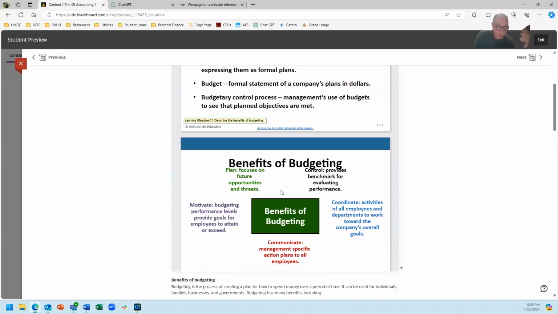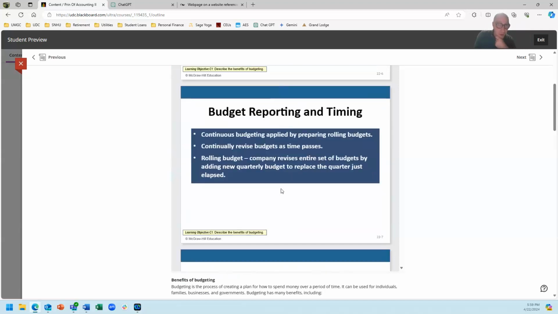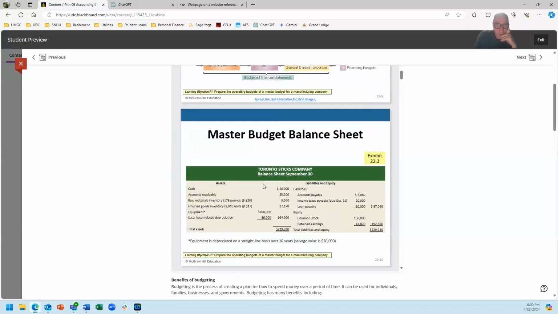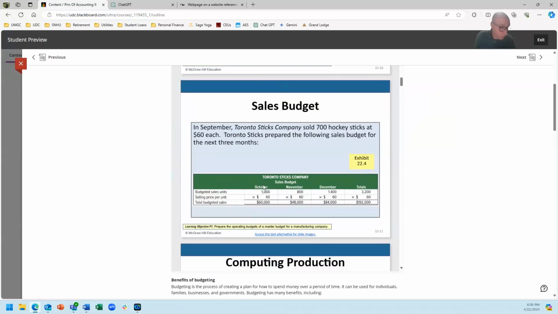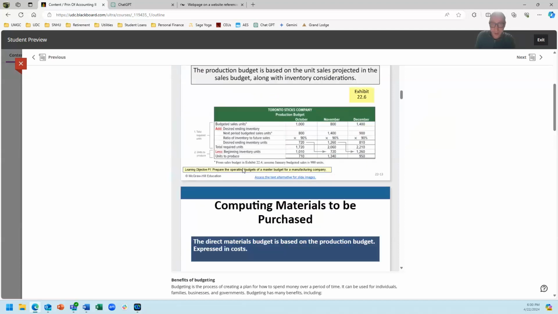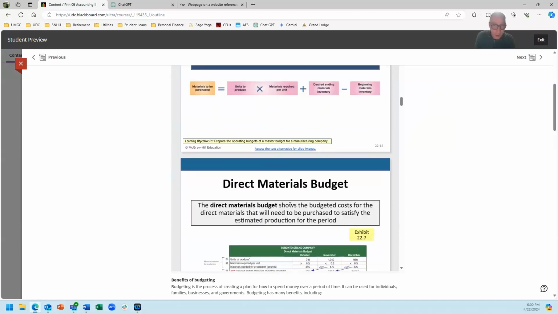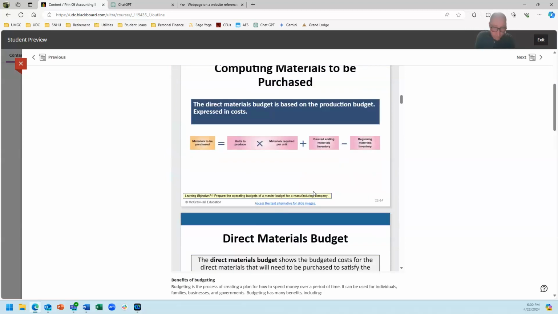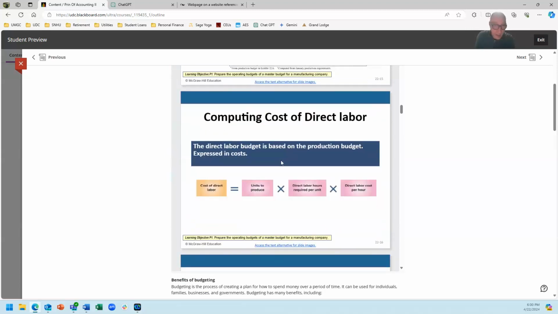You'll remember some conversations about budgeting, and you'll have access to your textbook, and you're going to notice a couple of really important things in the PowerPoint slides and also in the textbook under chapter 22. You'll read through, and these formulas are going to be important. And the examples we talked about in chapter 22 are going to be important.